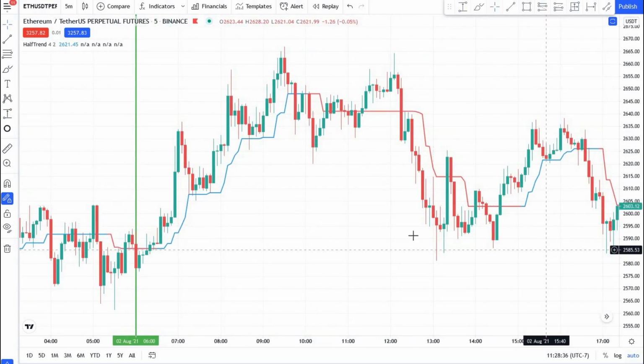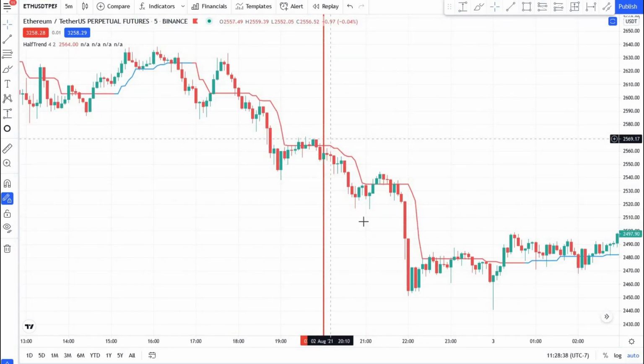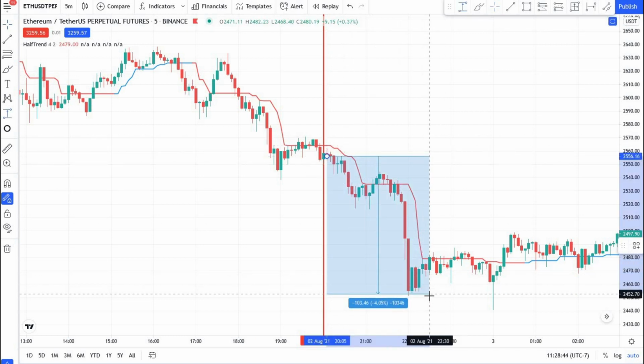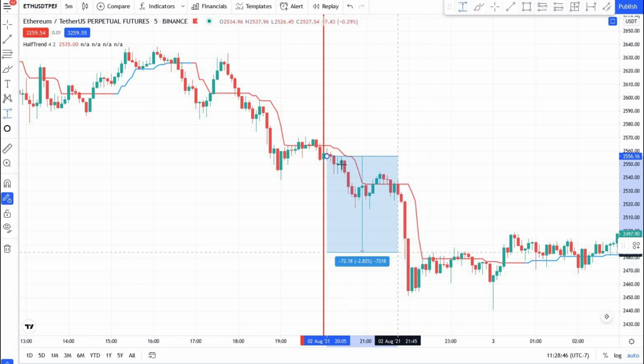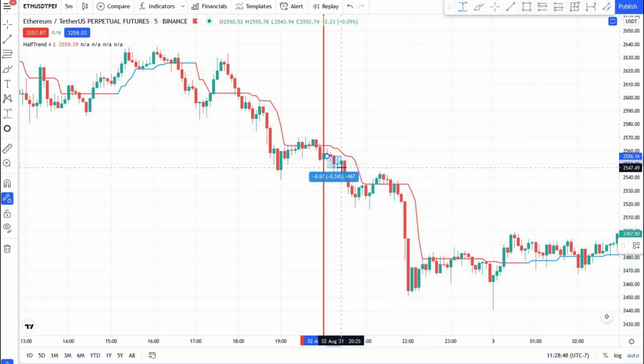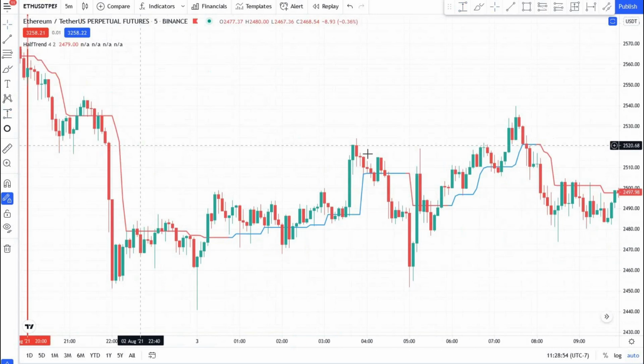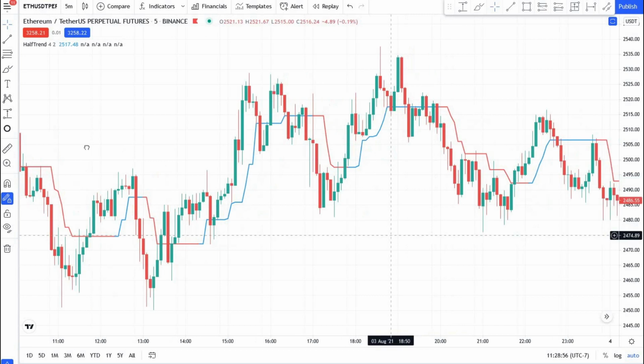Amazing. This is a downtrend, so we're looking for short positions. You can see it went all the way 4% down, but we need just our 0.2%, which with the leverage is 36% filled. The next one is here.